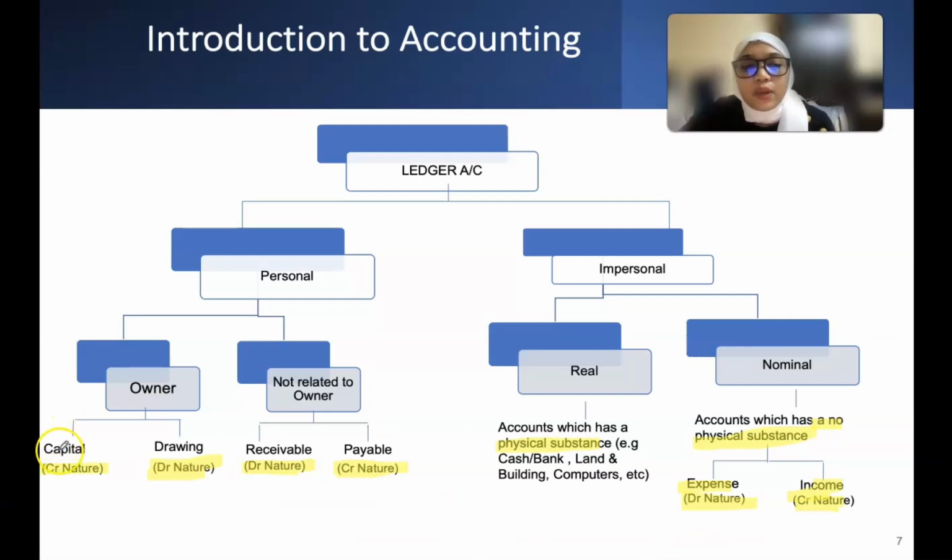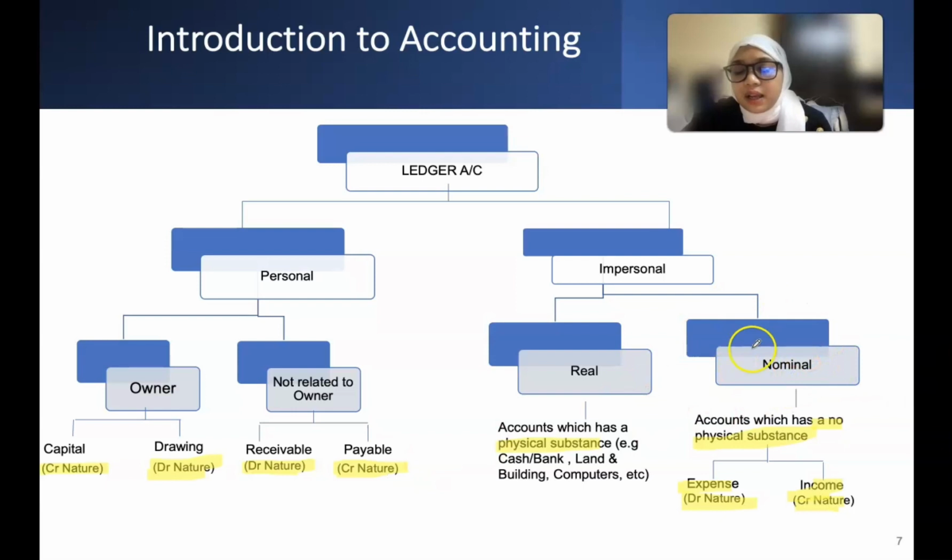Capital always has a credit nature. Capital is never debit. Drawing is always a debit nature. Receivable always has a debit nature. Payable always has a credit nature.